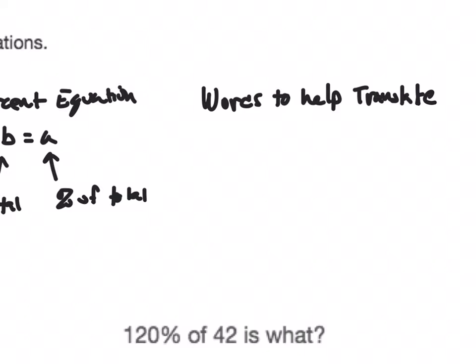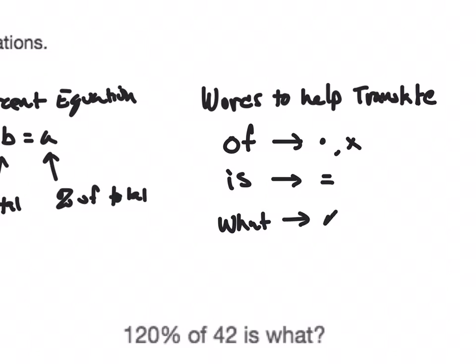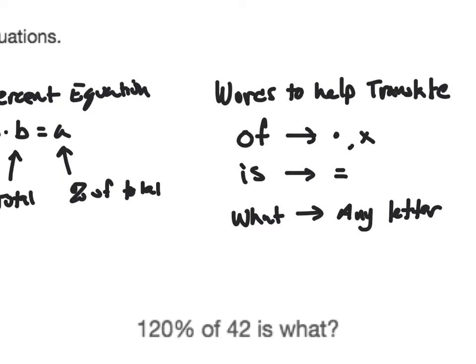Those words that we use are of, is, and what. Of translates to multiplication, translates to multiplying. Is translates to equals, and what translates to any letter. It's important that we do this, and I'm going to show you how I go through each of these in a second. So let's just jump right in.